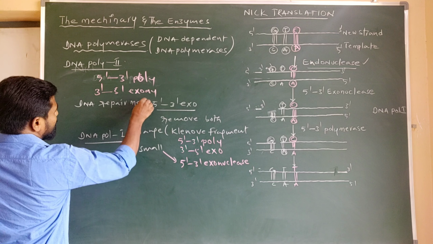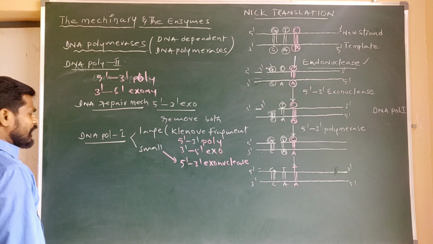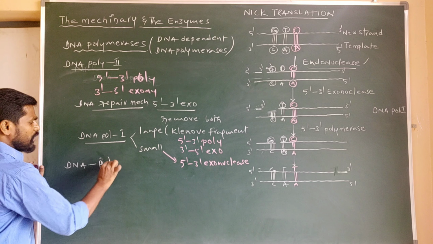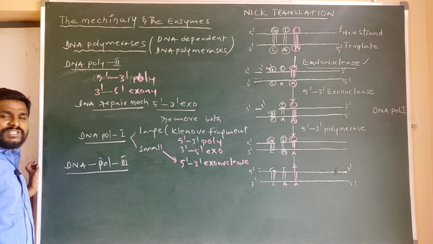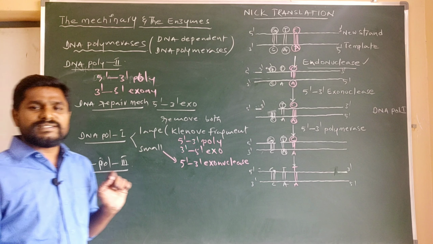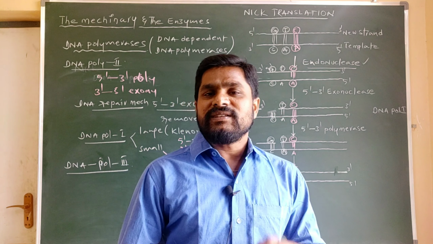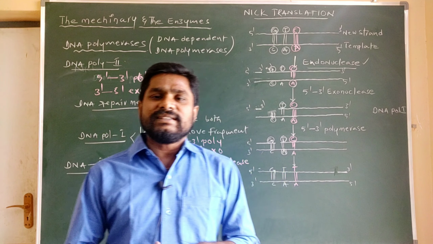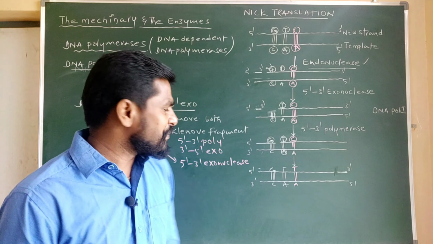And lastly, about the third polymerase of prokaryotes, that is DNA polymerase 3. You know that this is the hero of the replication mechanism, which is the master enzyme, because it synthesizes a large part of DNA during replication.